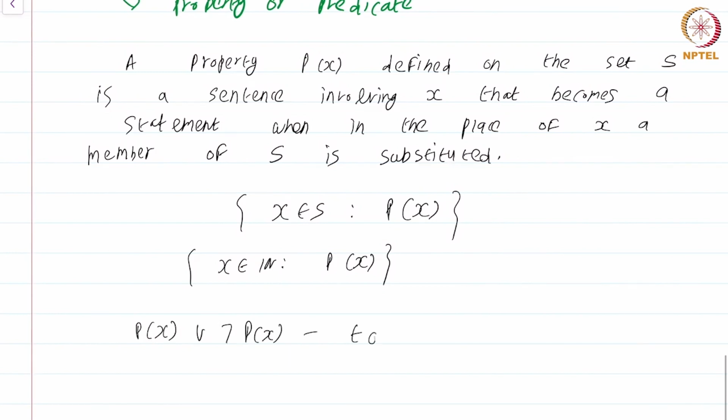This is a tautology irrespective of what you substitute for x. It is a tautology irrespective of the fact that P of x could have been an entirely different property. It's still going to be a tautology because a tautology does not depend on the nature of the individual letters that constitute the statement, but rather it depends only on the meaning of the logical operators. Either a statement is true or not. Therefore, P of x or negation P of x is a tautology.